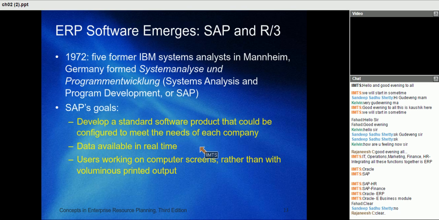Similarly, like SAP, we have Oracle. As you have seen in the chat box, I have written different modules developed by SAP and Oracle. I have written a few of them. If you go on Google and type the ERP modules of SAP and Oracle, you will get to know the different modules they have. For supply chain management, they have a different module.